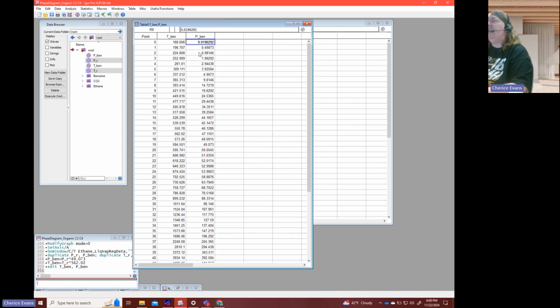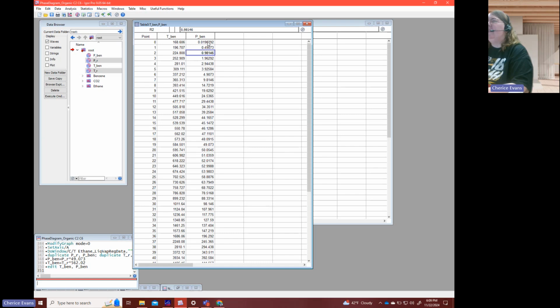And the answer is it is below. The pressure at the triple point for benzene is 47 millibars. This is 19 millibars. So that's a good starting point. That's definitely below any pressure that I need that is close to zero. I am good there. And then 49, and I move up in pressure.